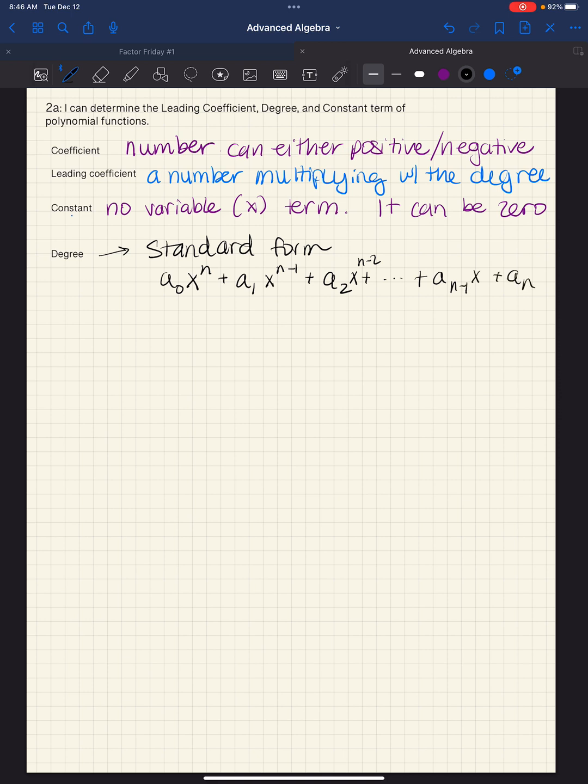An example would be something like 3x to the 4th minus 2x cubed plus x squared minus 11x plus 12. This is just standard form.